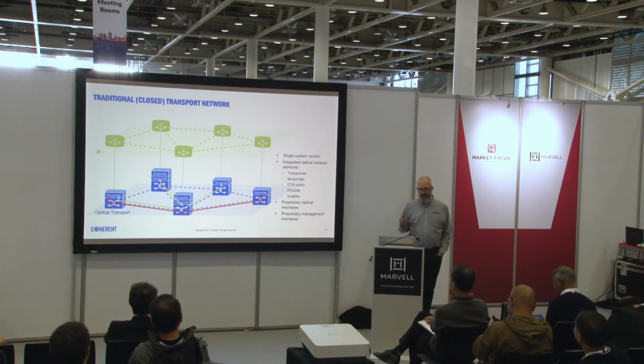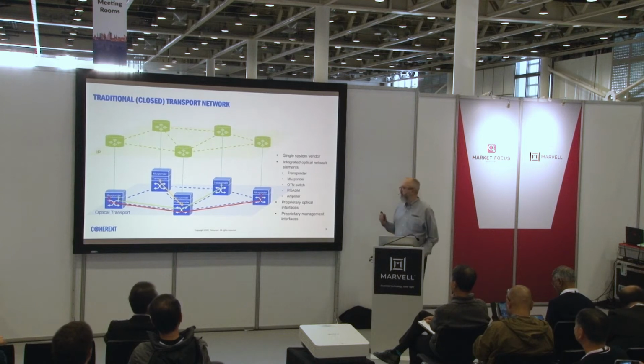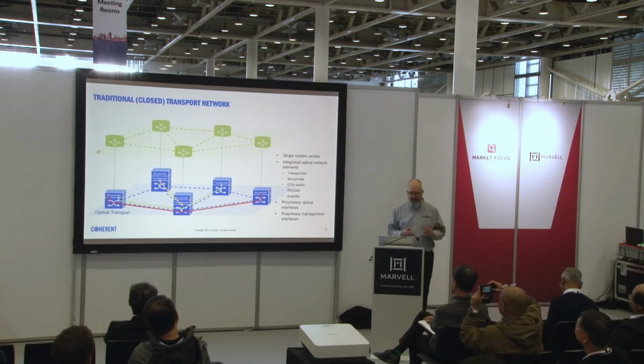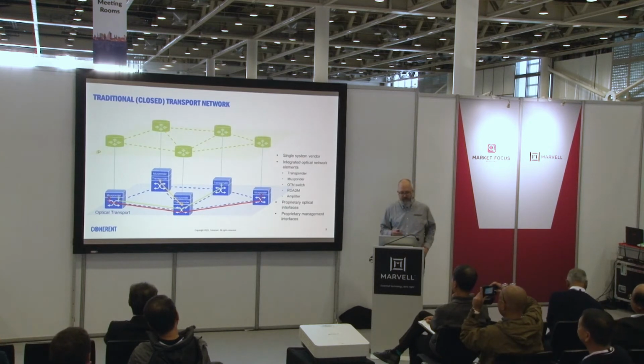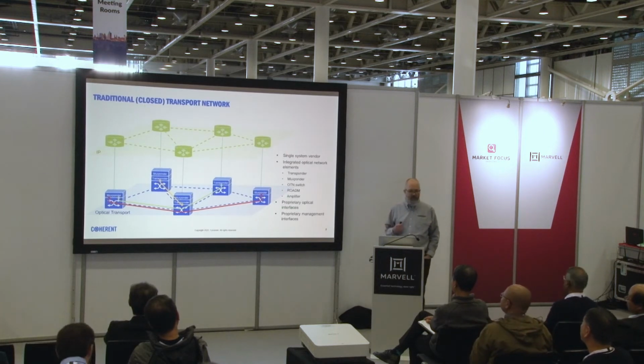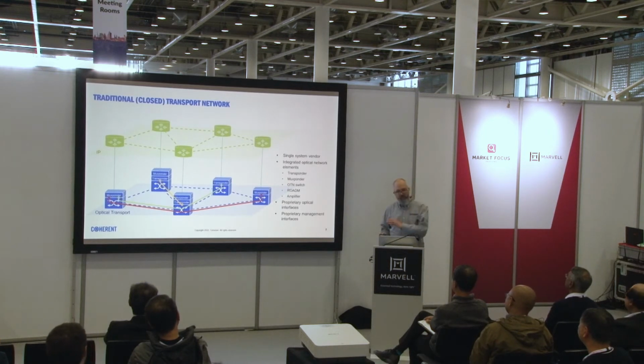Traditionally, optical networks were designed and built using equipment from a single vendor, where all the optical elements were integrated into one system: ROADMs, transponders, muxponders, amplifiers. You'd buy a rack of equipment from one vendor with all those building blocks. The optical interfaces would be proprietary. The management of the system would be proprietary. You would buy it all from one vendor.